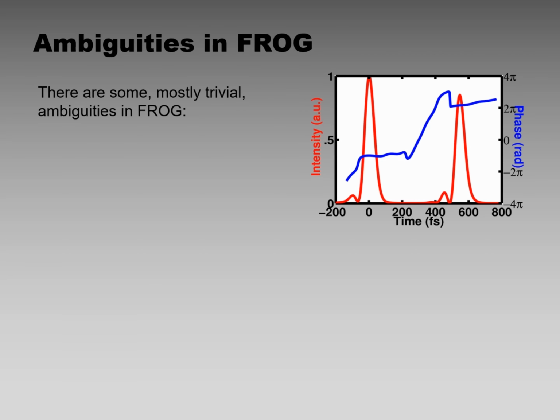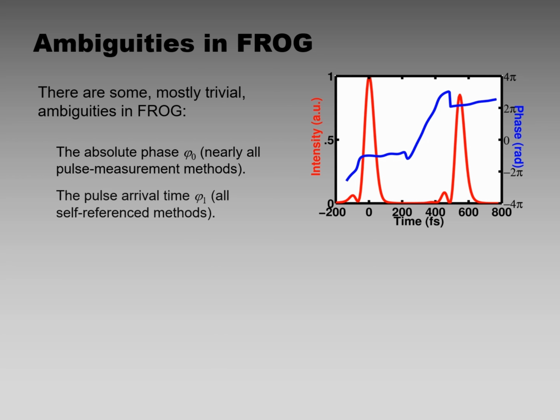There are some ambiguities in FROG. First is the absolute phase phi naught. This is because we measure intensity, not the field, so this is unavoidable. Next is the pulse arrival time phi 1, which is also unavoidable. All self-referenced methods have a gate pulse that's necessarily tied in time to the unknown pulse, not to our watches. Next is the direction of time, but only for SHG FROG, and it's easily removed.